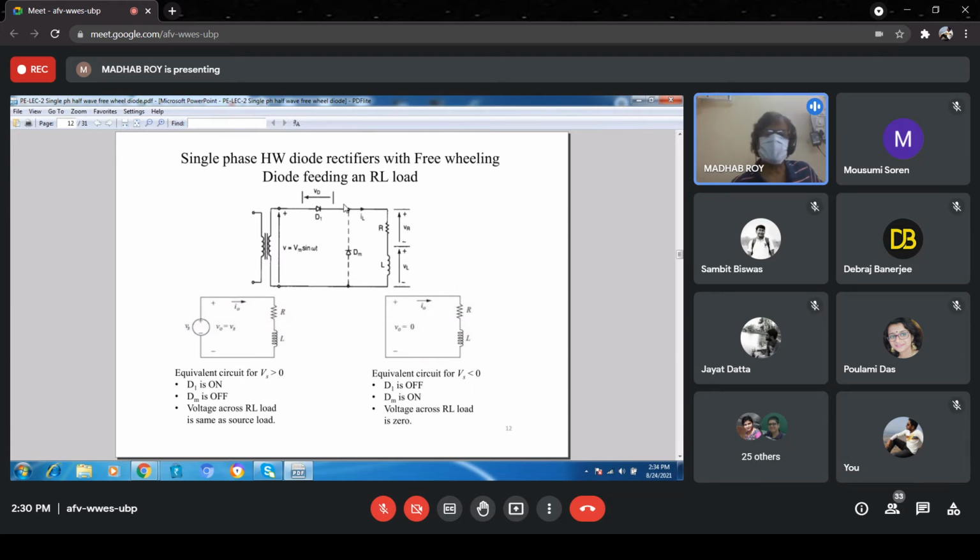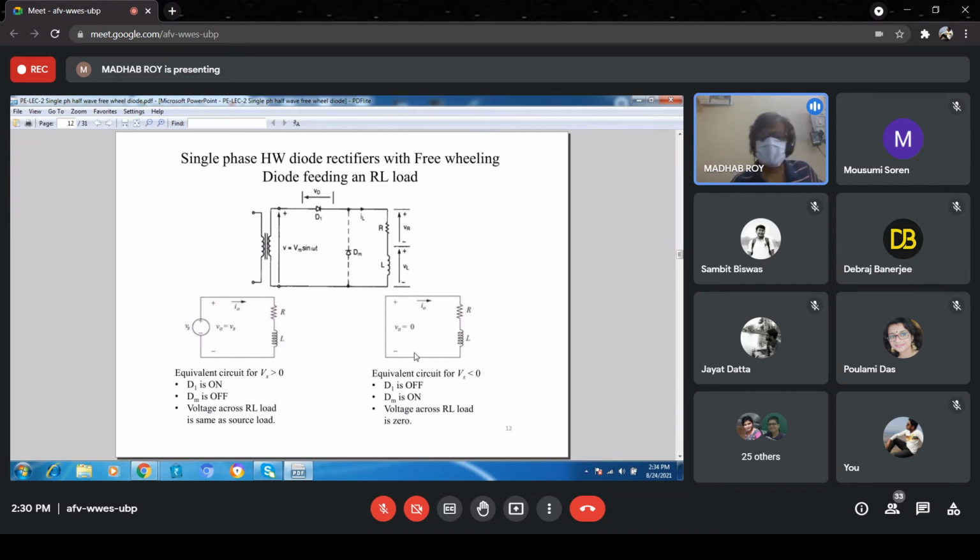As it is forward biased, the energy stored in the inductance, from beyond pi onwards, will be returned by this path. It will not flow here because this diode is now off. This is called freewheeling of the stored energy.